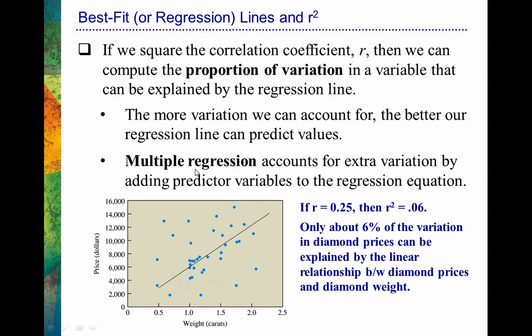It's essentially computing correlations where we have more than one predictor variable. In this case, the one predictor variable that we have is weight. We're trying to understand the value based on the weight. We'll now just assume that we are trying to understand the value of the diamond based on the weight, based on the clarity, based on the color. So we have several different pieces of data all going into the equation to explain the price. That's probably going to result in a better prediction. That's what multiple regression is all about, and I just want you to be somewhat familiar with the term.